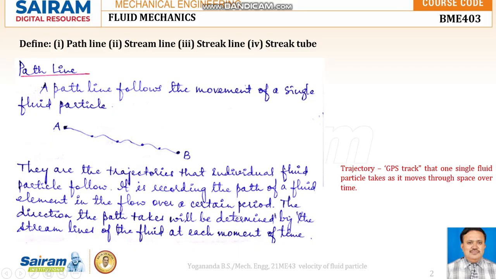So it is recording the path of the fluid element in the flow over a certain period of time. The direction the path takes will be determined by the streamlines of the fluid at each moment of the time.